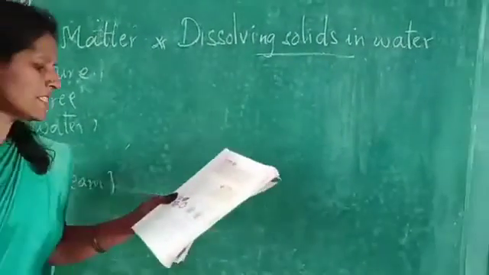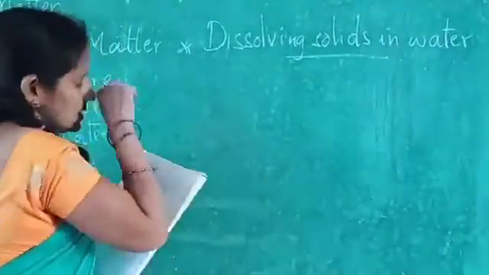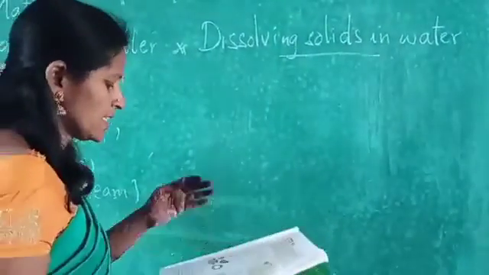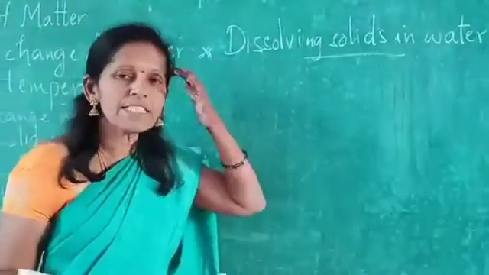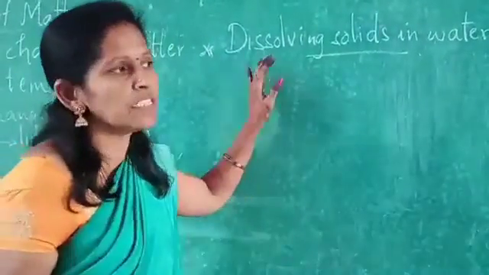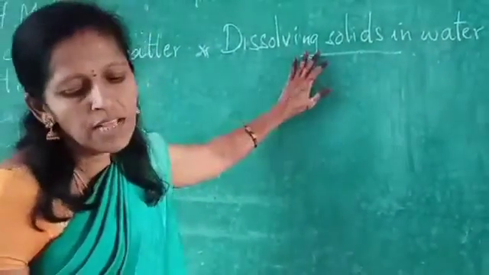Substances that dissolve in water are called soluble substances. What is dissolving solids in water? Whatever can dissolve in water is known as soluble substances.